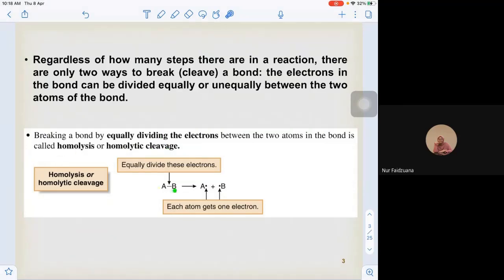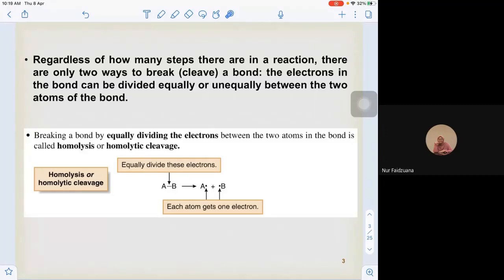An example is given here with a molecule AB. When it undergoes homolysis, or homolytic cleavage, the shared electrons are divided equally between the two atoms, A and B. In one covalent bond, they share two electrons, a pair of electrons.